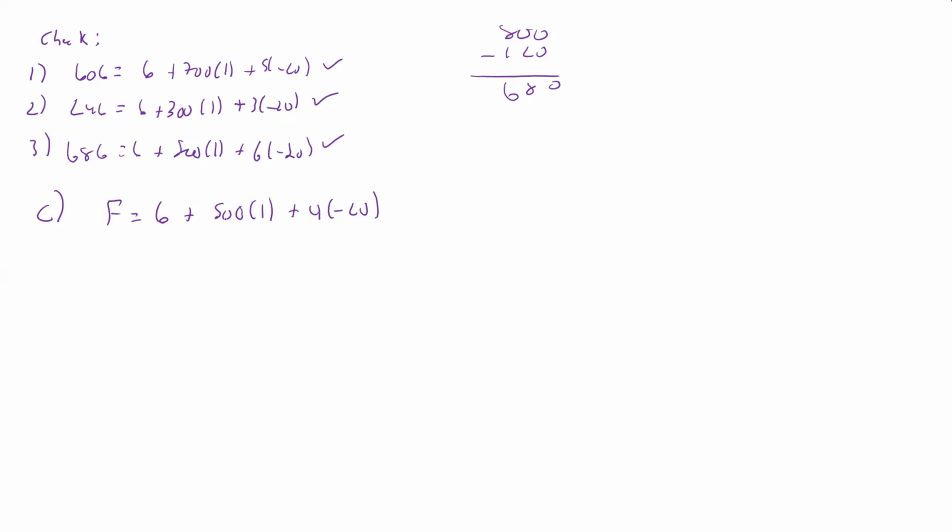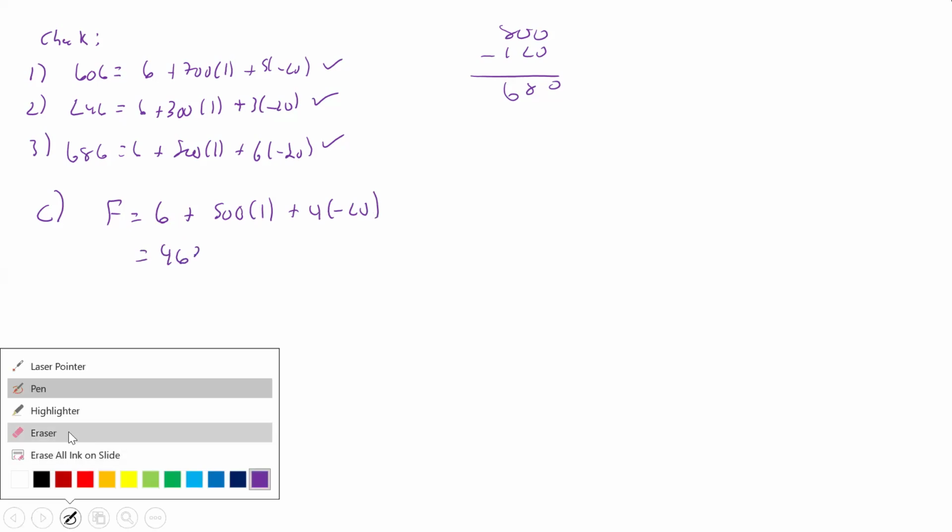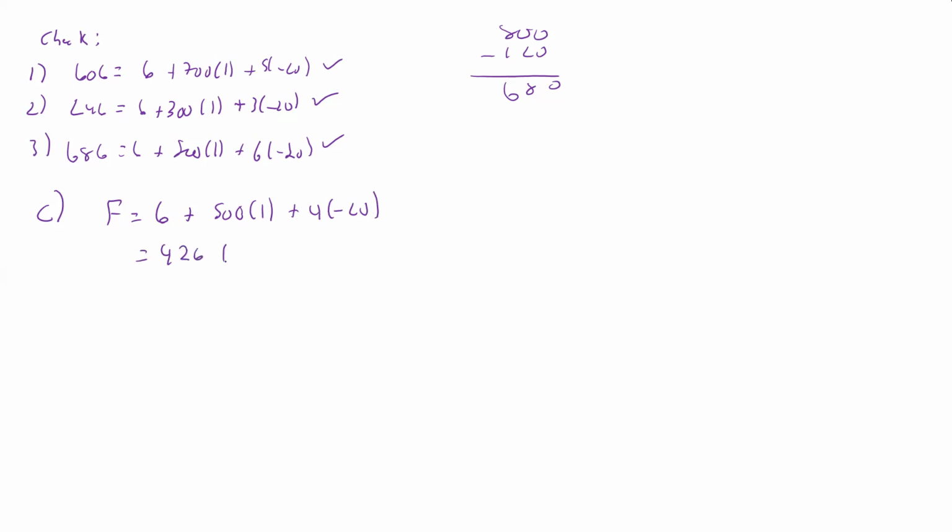That's going to be minus 80. So it's 500 minus 80, that's 420, plus 6. Oops, not 462, 426. 426 fawns. And so that's the answer to part C.